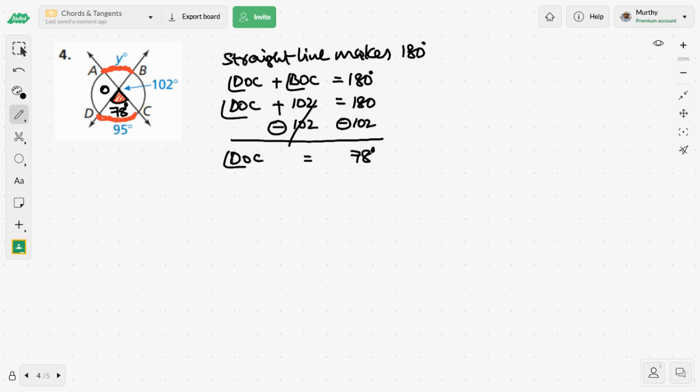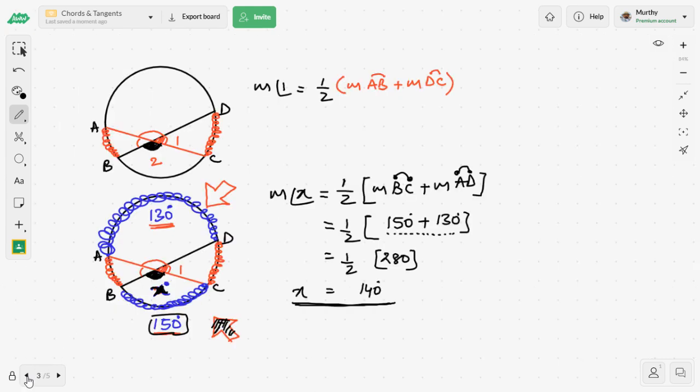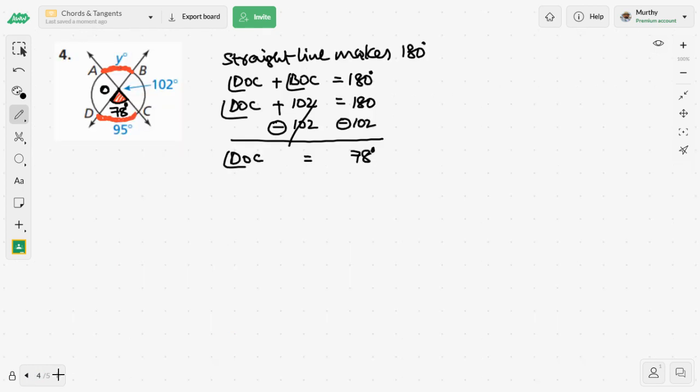Okay, so let's quickly visit back the previous page. Here is the formula. I hope you remember. If you forgot, then please remember: the measure of angle equals half of the measure of arc 1 plus the measure of arc 2 on the other side.